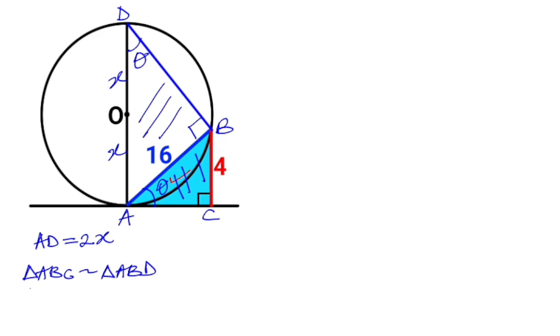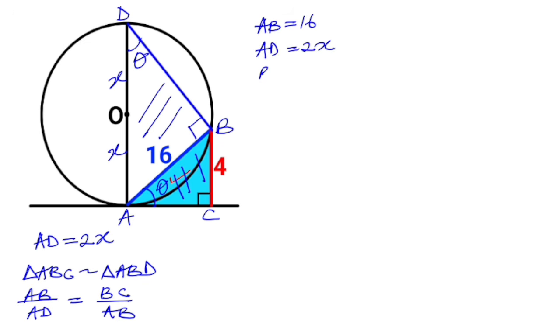And the proportionality of their corresponding sides is AB over AD is equal to BC over AB. AB is equal to 16. AD is equal to 2x. And BC is equal to 4.